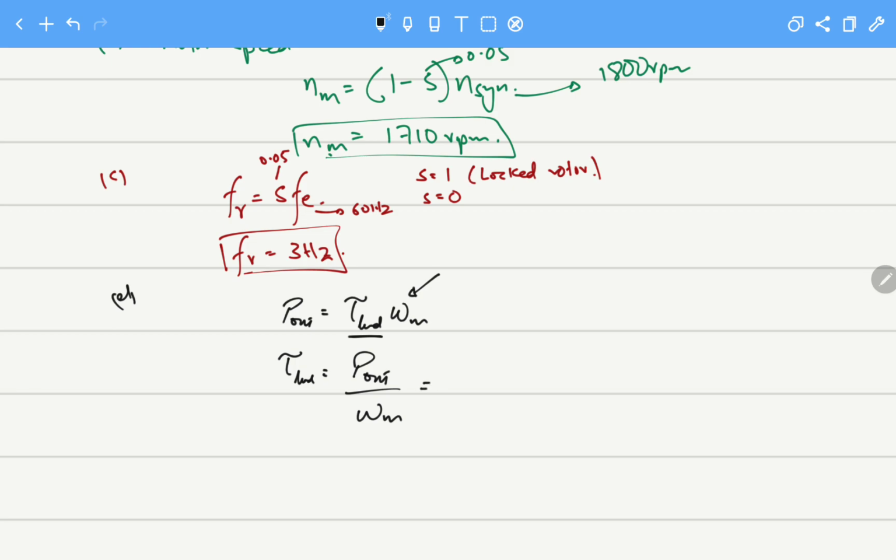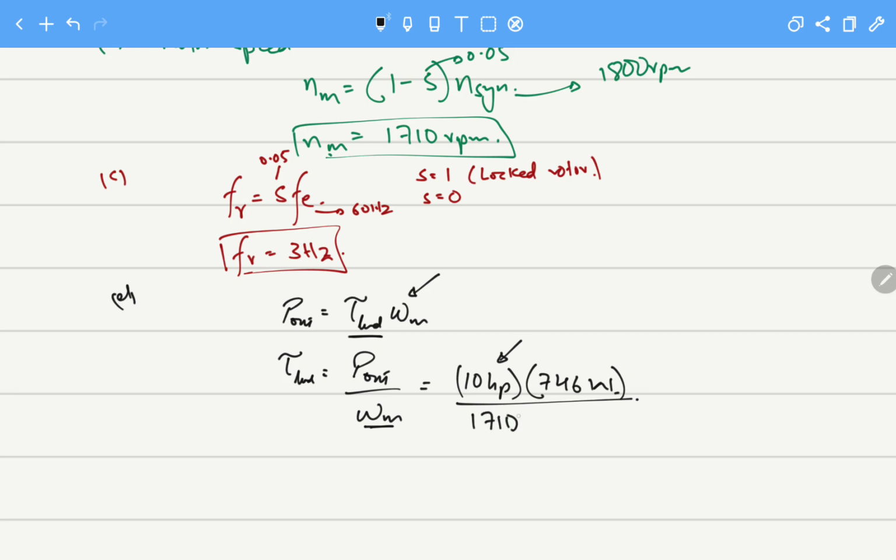The P out is 10 horsepower, but we have to convert this into watts, so we will multiply by 746 watts. It will be converted into watts, and it will be divided by the mechanical speed we have calculated.